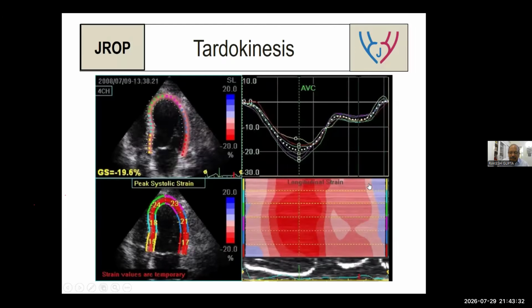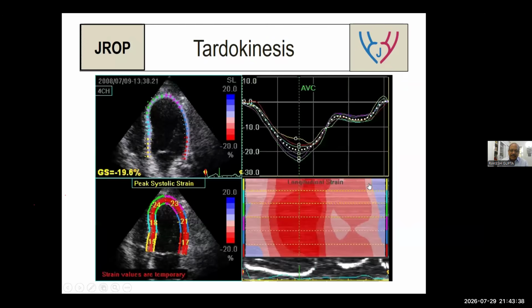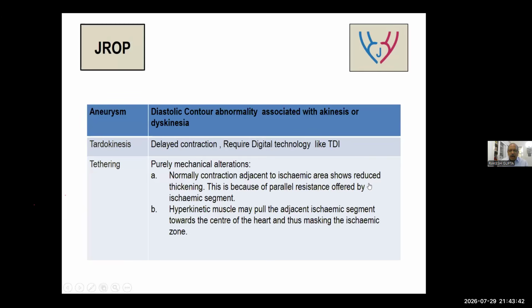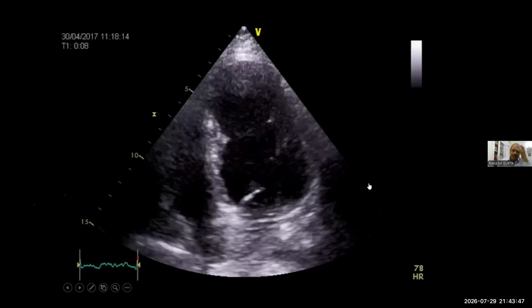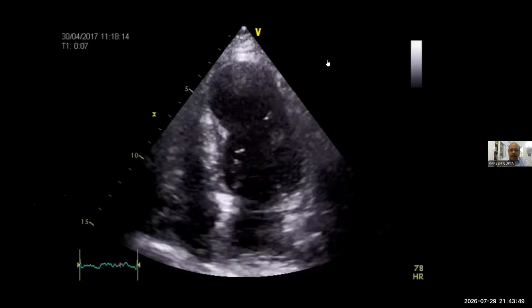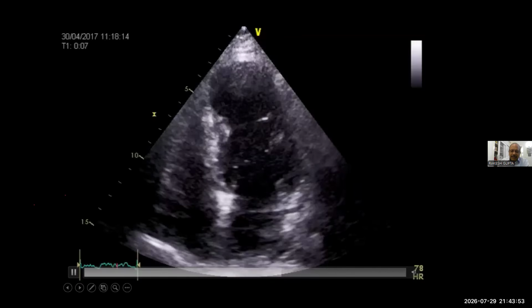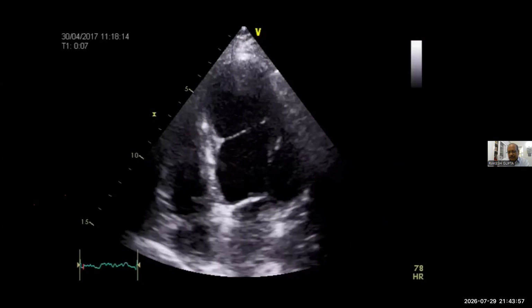We did discuss hypokinesis. Now this is what is tardokinesis. What is tardokinesis? What exactly happens when a hypokinetic segment is pulled by a normokinetic segment, it sometimes looks as if the segment is normal.